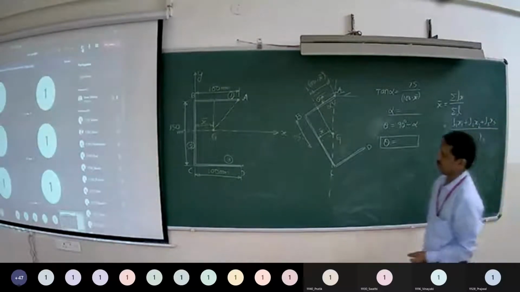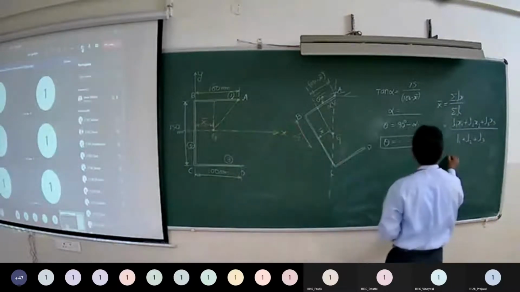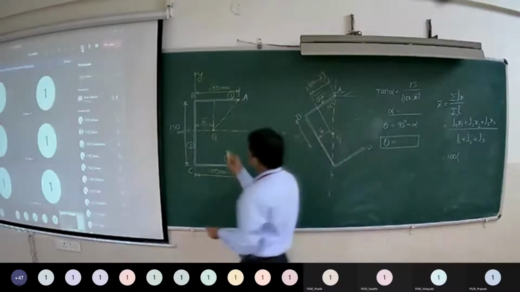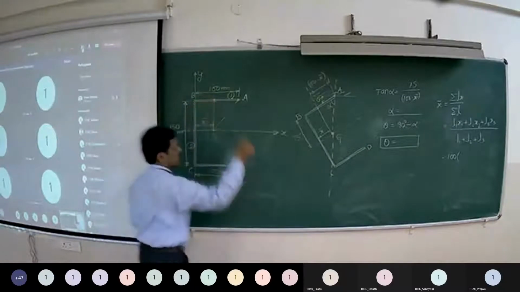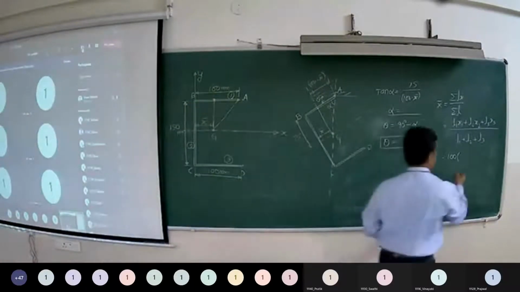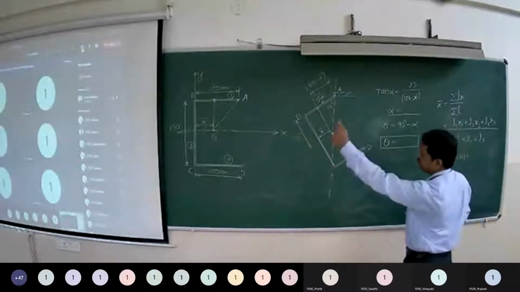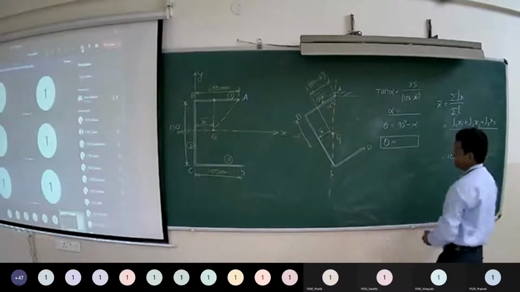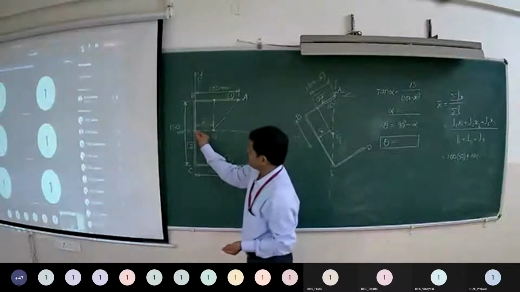Now what is L1? Length of portion AB, 100. X1, midpoint is the centroid. Its distance from y-axis, 50. Plus L2, length of portion BC, 150. And what is X2? For BC, midpoint is the centroid.